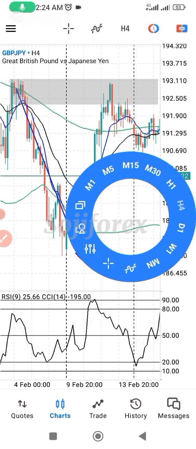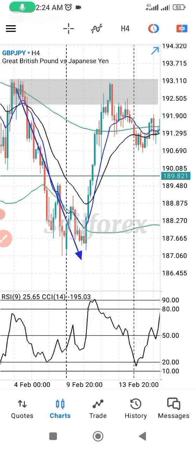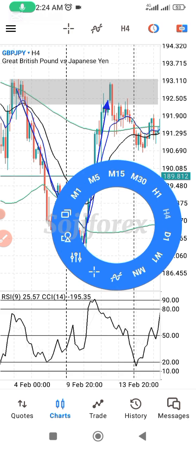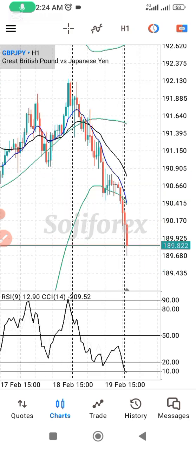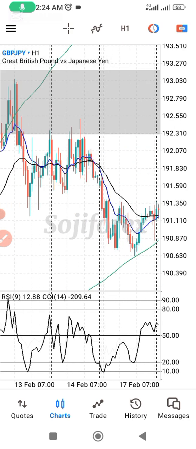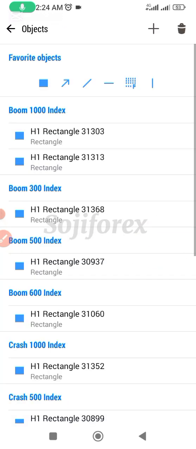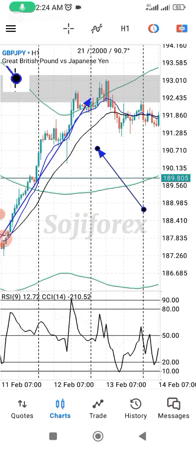And afterward, we see price pull back from here back into this zone. So when price begins to move back into this particular zone that we have marked, we move to our 1 hour timeframe. On our 1 hour timeframe, you can see that price successfully returned into this particular zone.